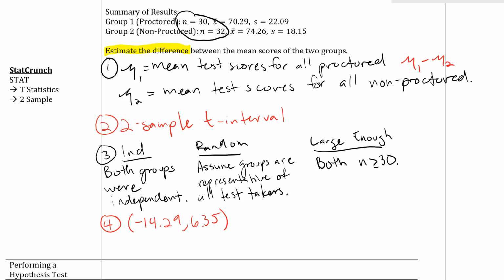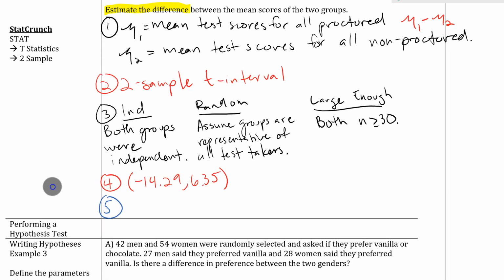So finally, step 5, let's write our conclusion. And it's the same conclusion we've been doing always, except remember, what we are looking for is not trying to capture a specific parameter, but a difference between these parameters.